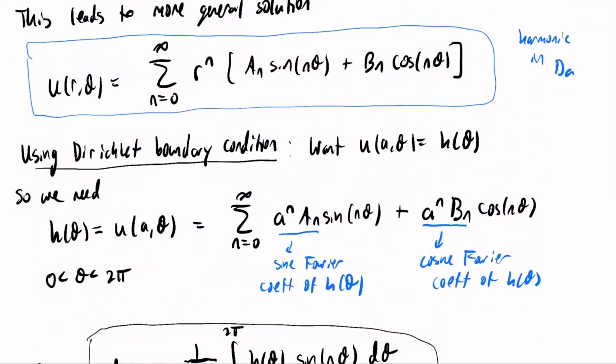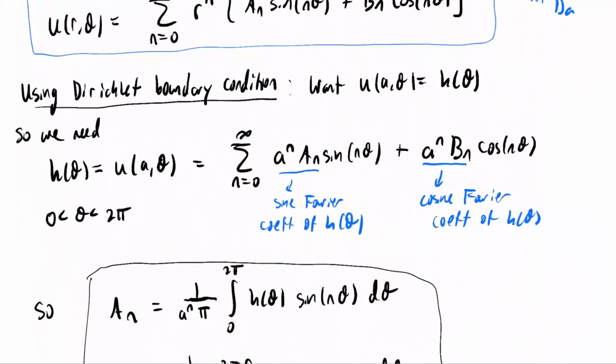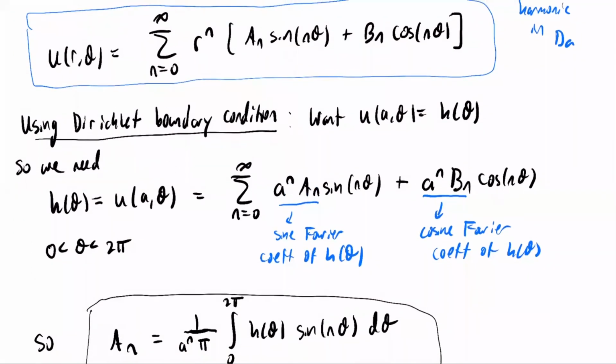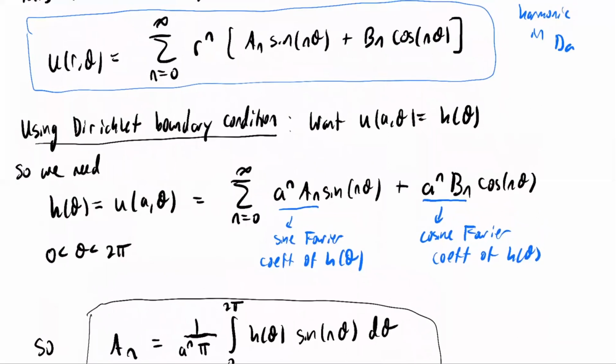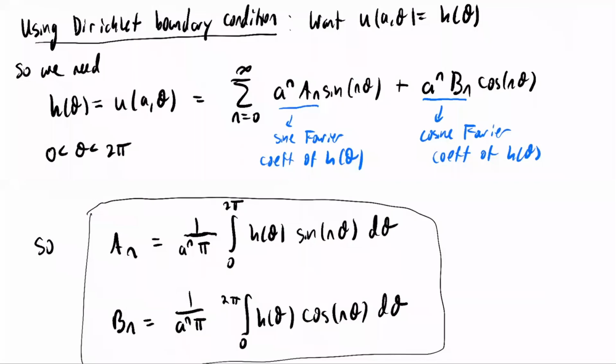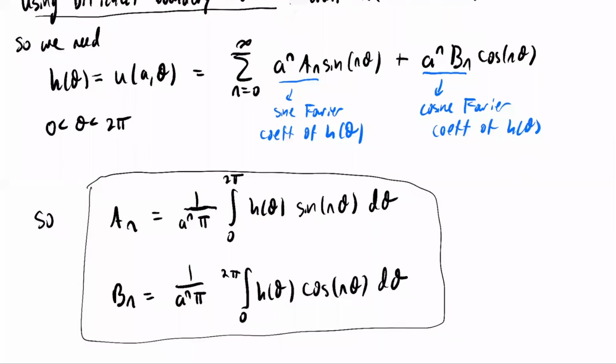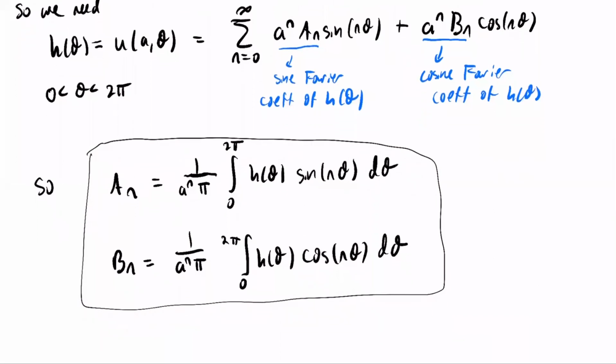Okay, and so if you watched the last lecture, I promised that for the Dirichlet boundary problem on a disk, we're going to have a simpler formula than what we had for the rectangle case. But this looks almost as complicated as what we had in the last case, right? Because we have this infinite series here, and these Fourier coefficients could in principle be hard to calculate in terms of h, depending on what h is. So this doesn't seem like a very simple formula.